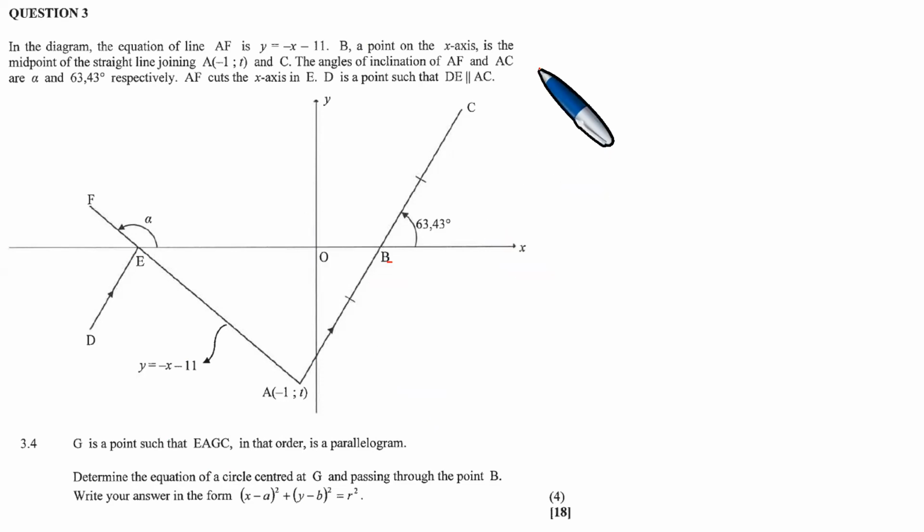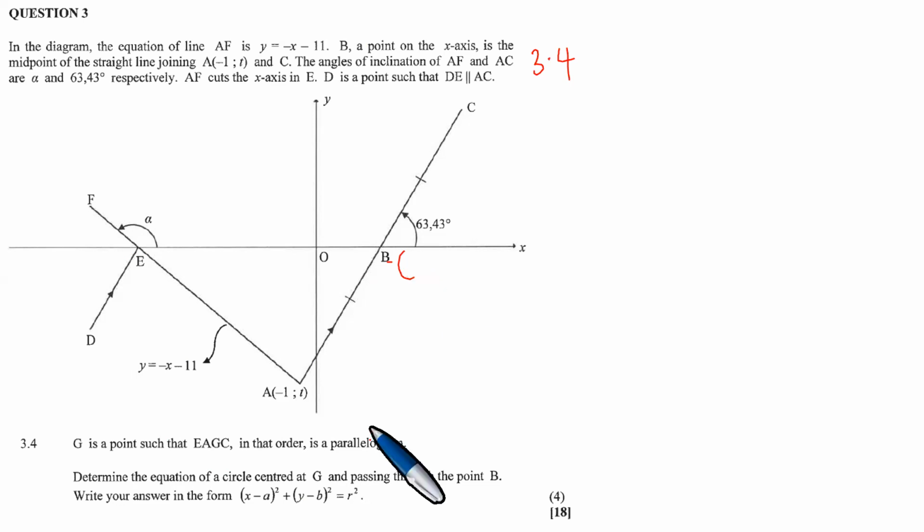So what is 3.4? There are a couple of things you need to note. If it is true that you have the coordinates of B, what are the coordinates of the point B?